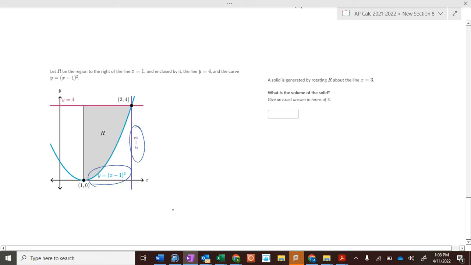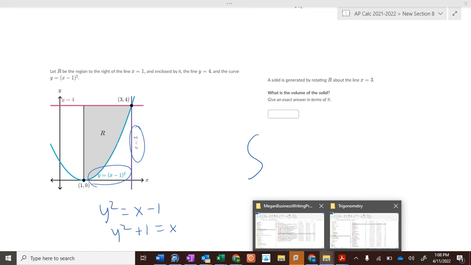So we need this in terms of x. So y squared equals x minus 1. So y squared plus 1 equals x. So it's the integral of, how far away are we?